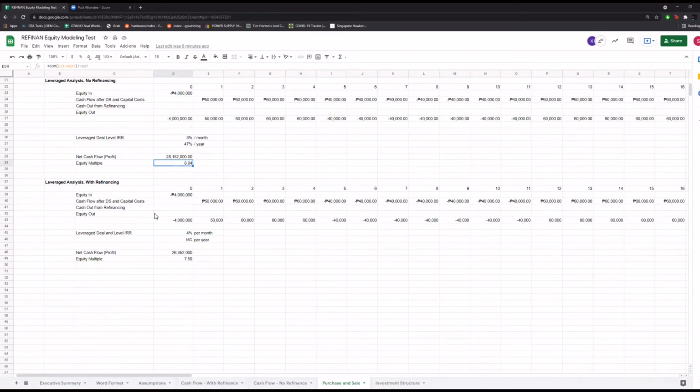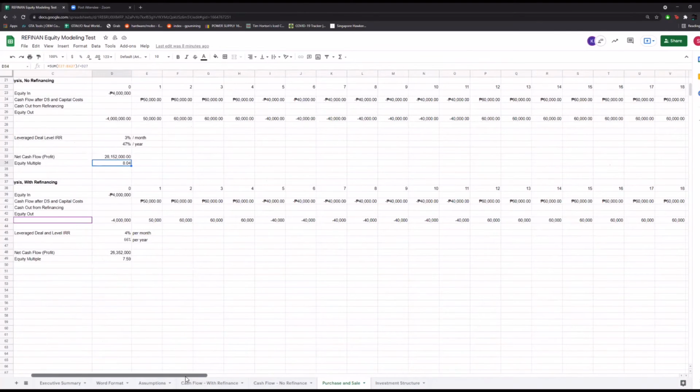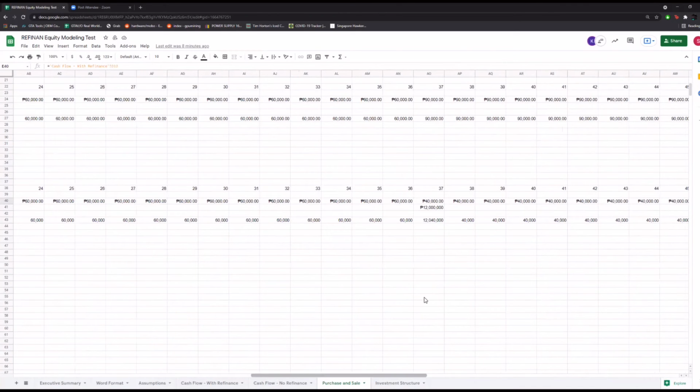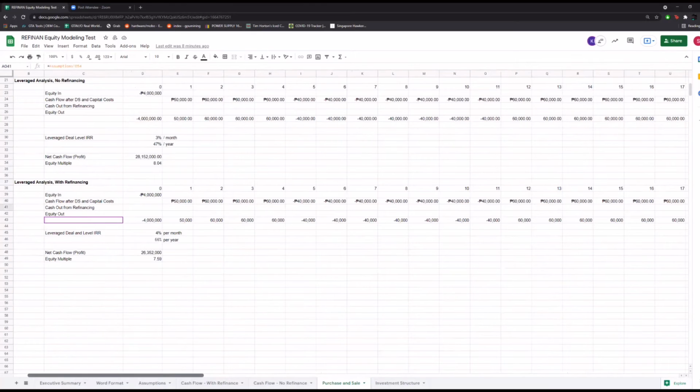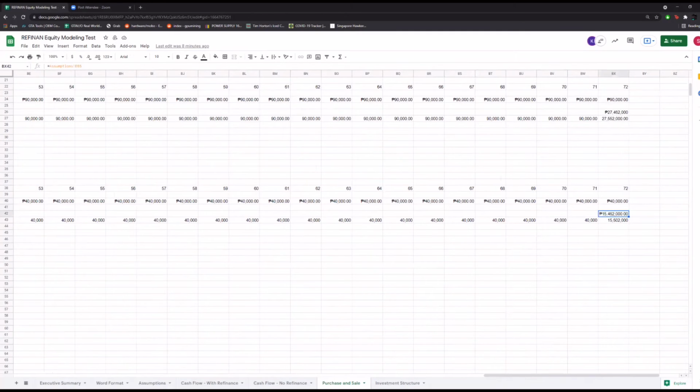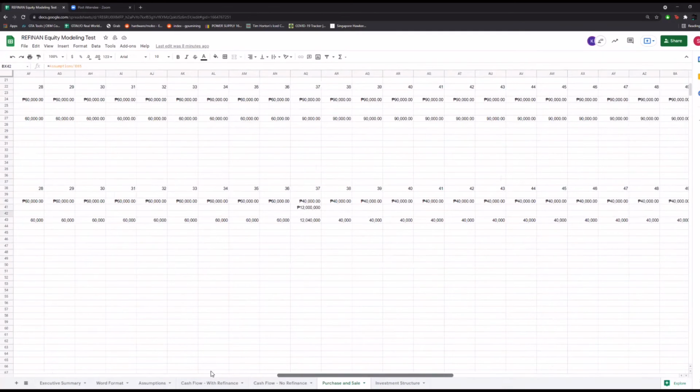And lastly, for our leverage analysis with refinancing, the only difference is that we took our cash flow after debt service from the document with refinancing, and then we added the cash out from refinancing of 12 million pesos, and our equity out would be 14.462 million.